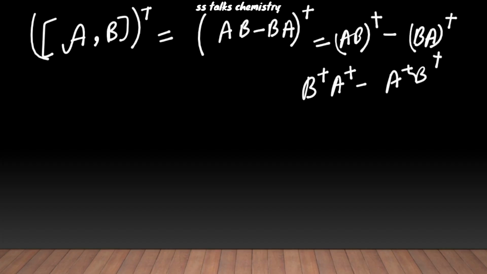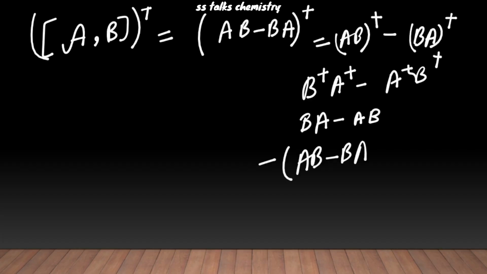Now B dagger is B only, A dagger is A, because these are individually Hermitian operators. So it is BA minus AB. The initial operator was AB minus BA, and now I am getting BA minus AB, so I can write it in this form: minus of (AB minus BA). So you can see the commutator operator we are getting with the negative sign, which implies it is anti-Hermitian.